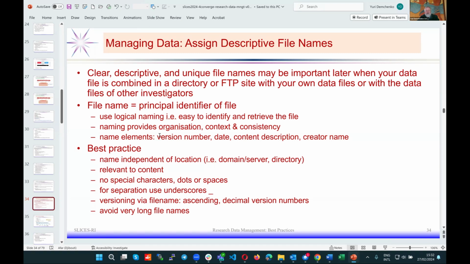So you may need to add a version, date, content description or keywords, and maybe author. This is best to look at as an example.